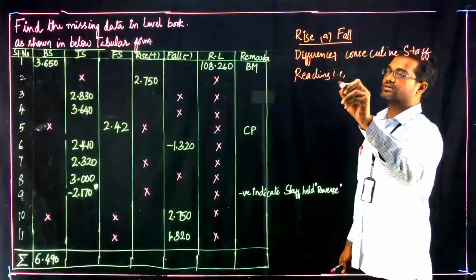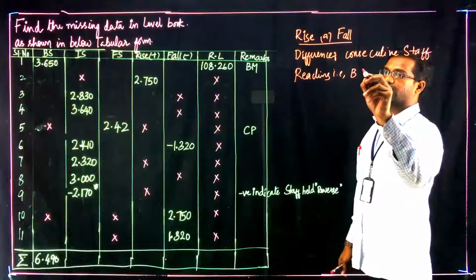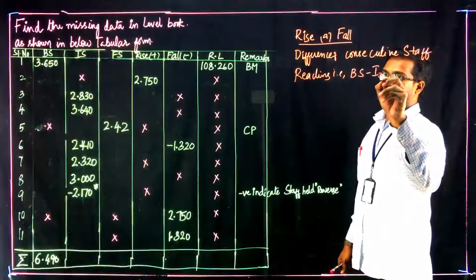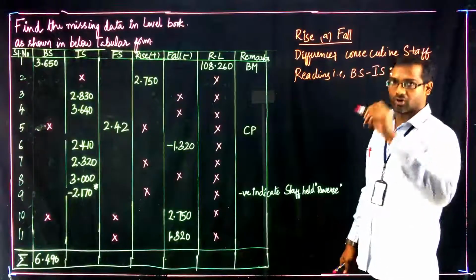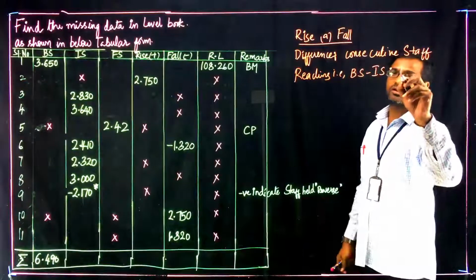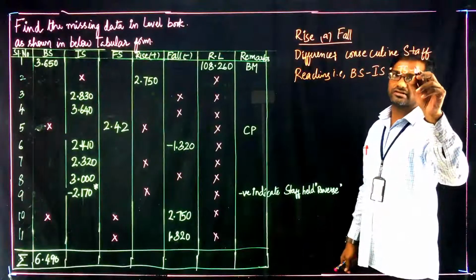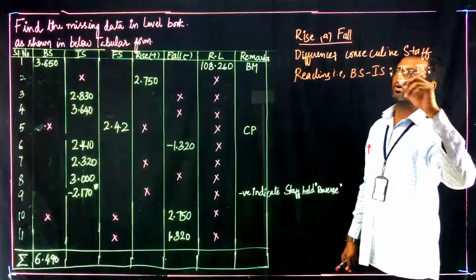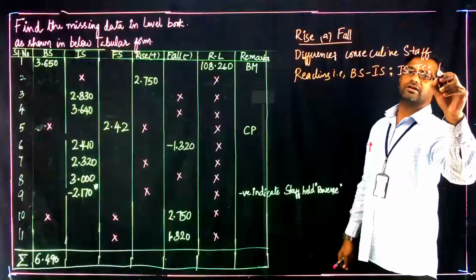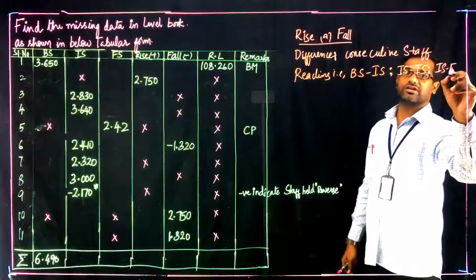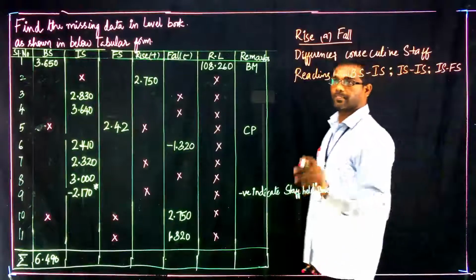That is, backsight minus intermediate sight, or intermediate sight minus intermediate sight, or intermediate sight minus foresight.